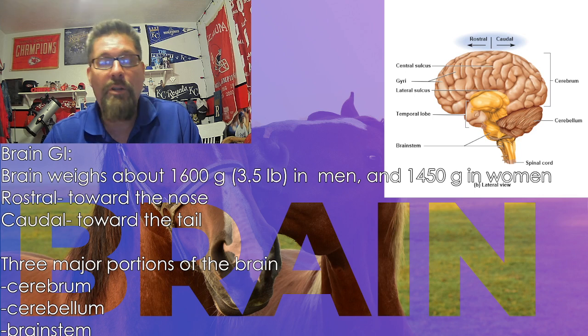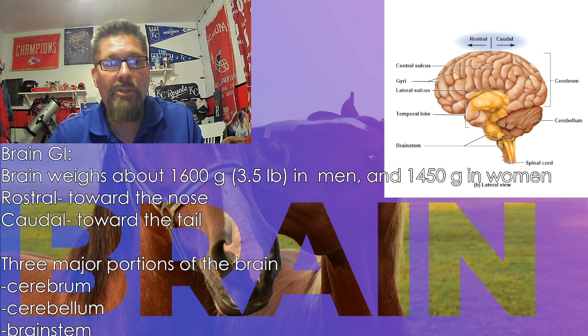And the function of the brain, as you can imagine, is a long list, because everything we do comes from the brain at some point. One of the challenges you'll have in this unit is linking functions with the areas they come from.